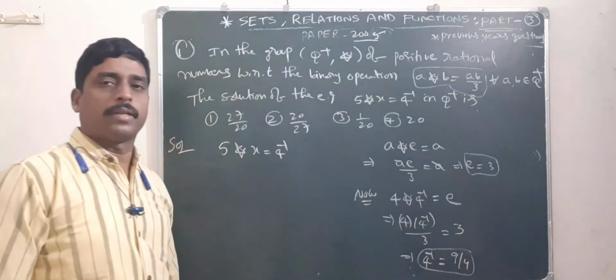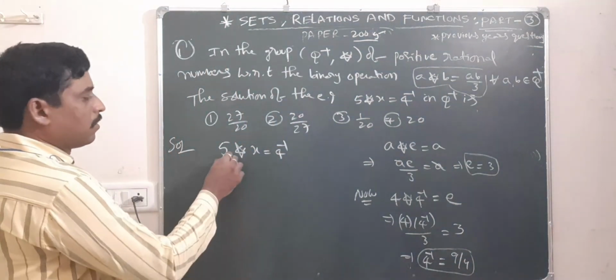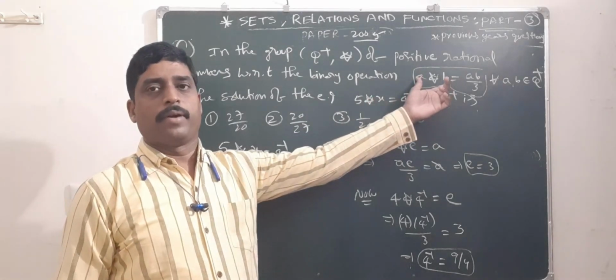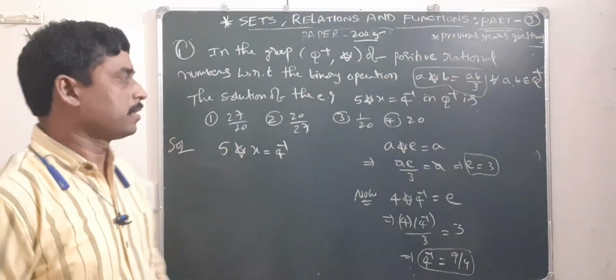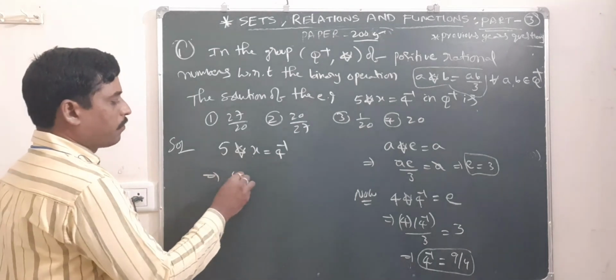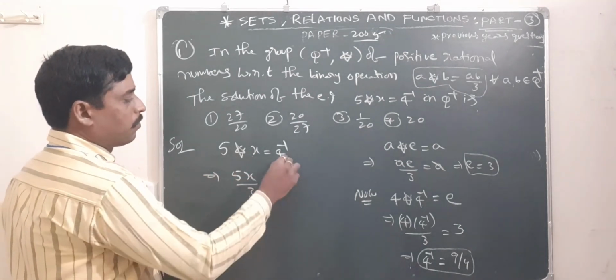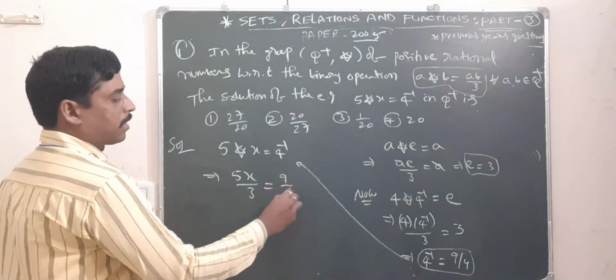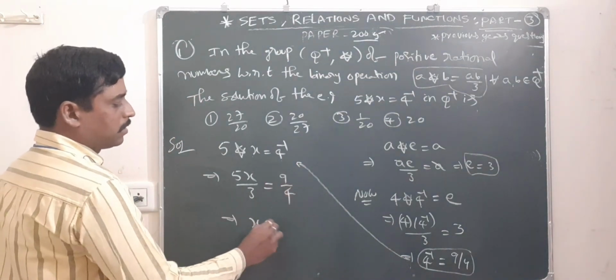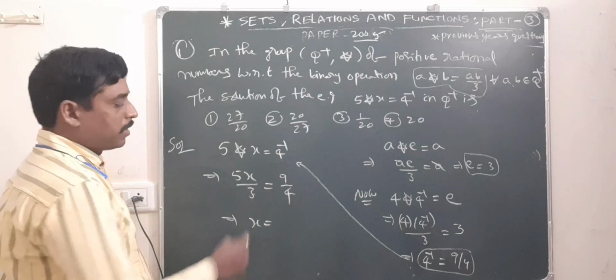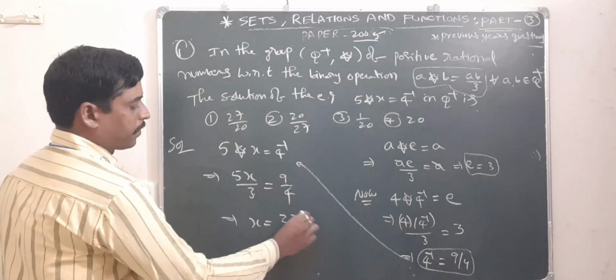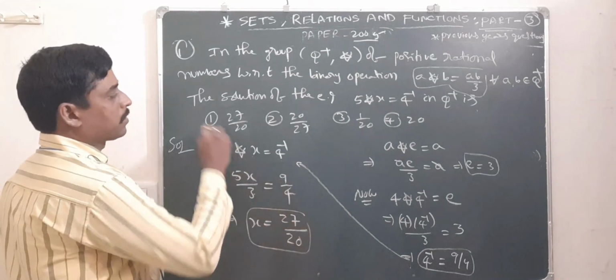Now 5 star x: already the operation is defined, a star b is equal to ab by 3, so 5 star x is equal to 5x by 3. So the 4 inverse value we got is 9 by 4, right? Therefore x is equal to, by cross multiplication, 3 times 9 is 27, 5 times 4 is 20. 27 by 20, the first option is correct.